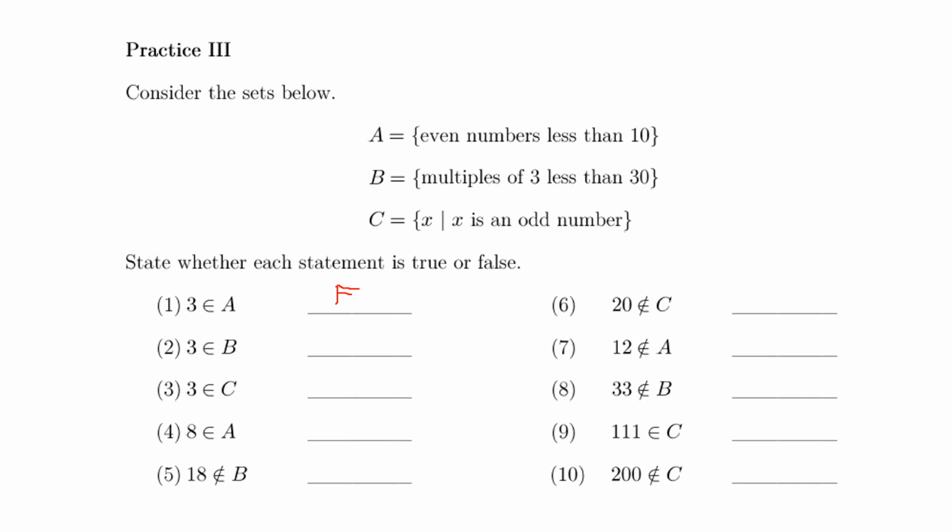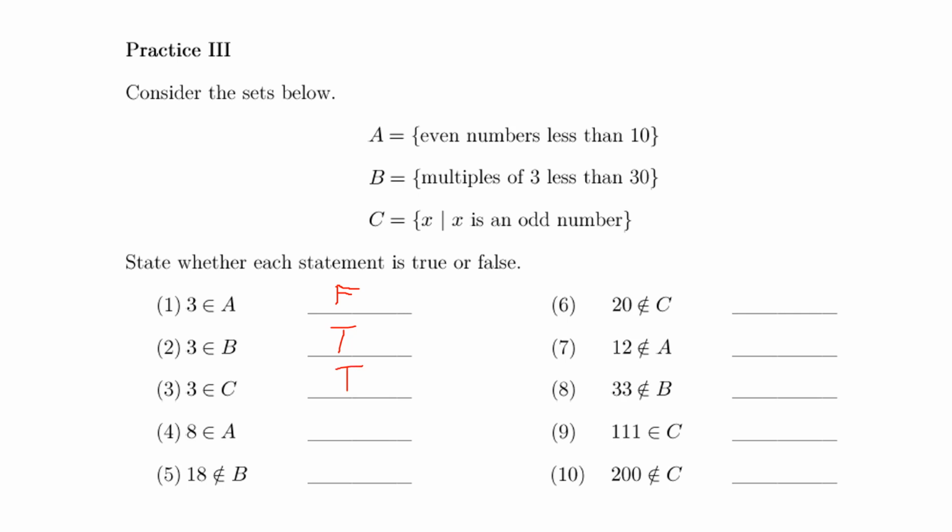So what is the set B? Set B is the set of all multiples of 3 less than 30. So basically 3 is a multiple of 3, so this is true. Then number 3, 3 is an element of C. C tells us that set C is the set of all x such that x is an odd number. So 3 is an odd number, so this is true.